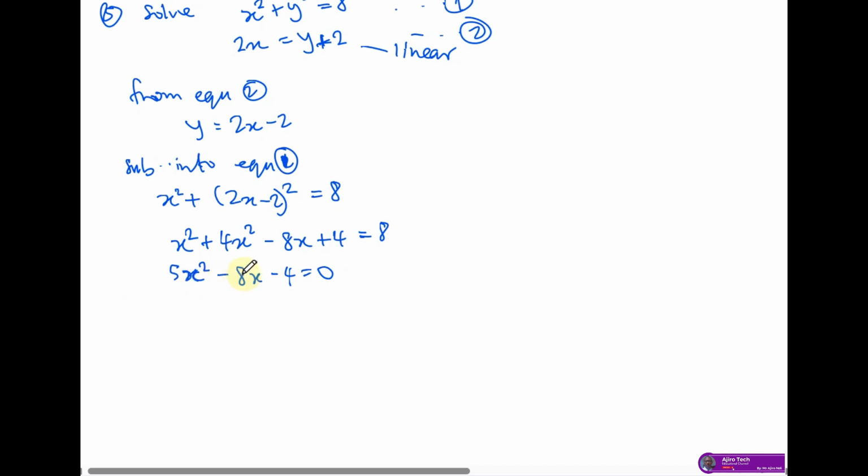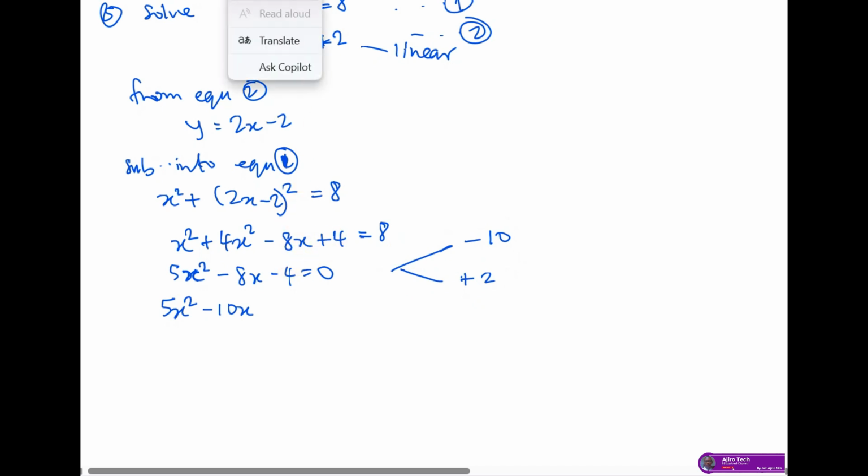So I can use minus 10 and plus 2. So 5x squared minus 10x. I can use minus 10 and plus 2 to get this. So in that case, I can just do this: x, minus 10 here and plus 2 here.